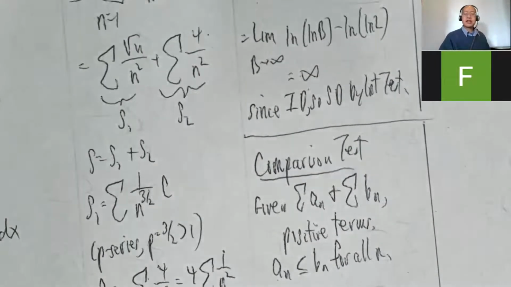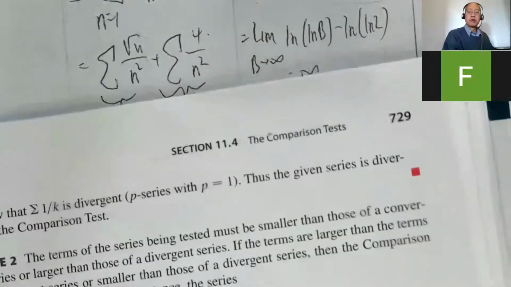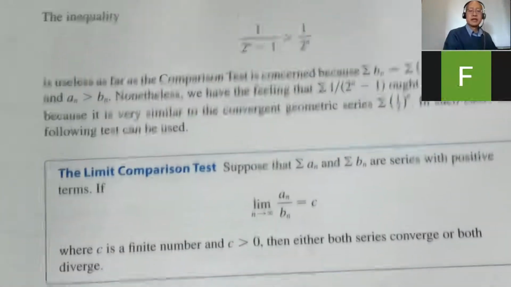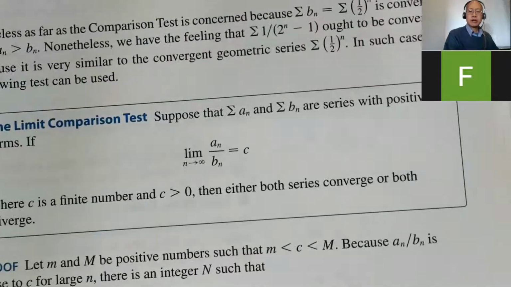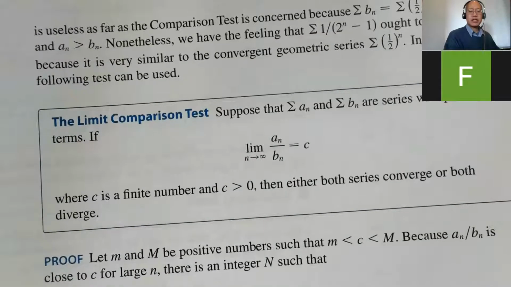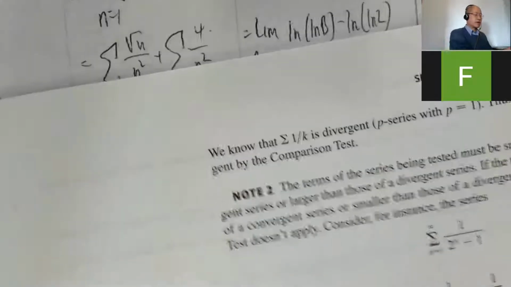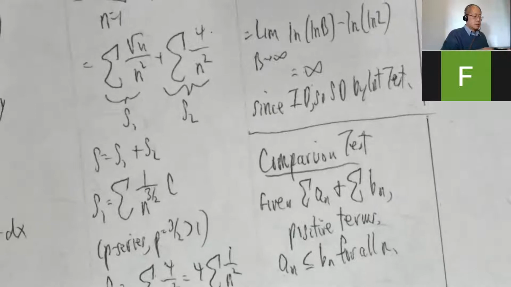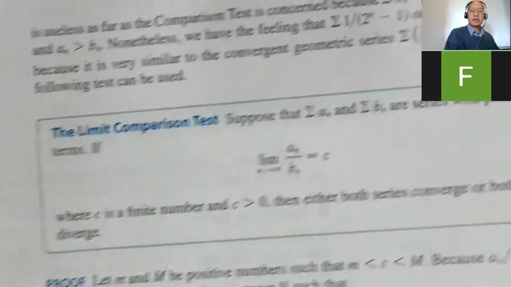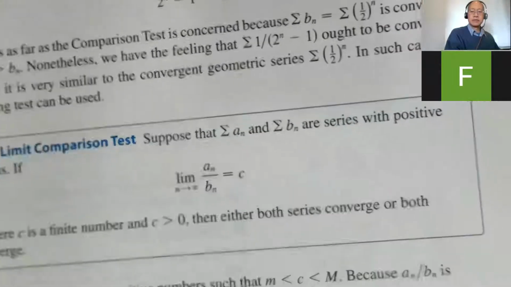This comparison test is actually easier to understand, but it's less useful. More useful is 729, the limit comparison test. And there it is. I'll talk about it next week. And abbreviations. We don't want to keep writing the whole thing. So CT, comparison test, I will write CT. Limit comparison test, LCT, as you might guess.